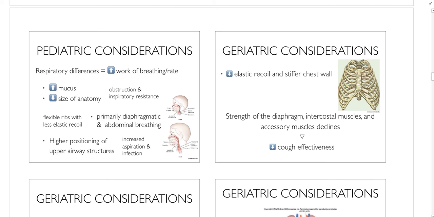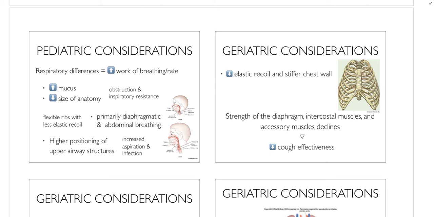In pediatrics and geriatrics, we're going to see differences in how they breathe and ventilate and respirate compared to normal healthy adults. In pediatrics, all of these respiratory differences are going to lead to an increased level of work of breathing and an increased respiratory rate.